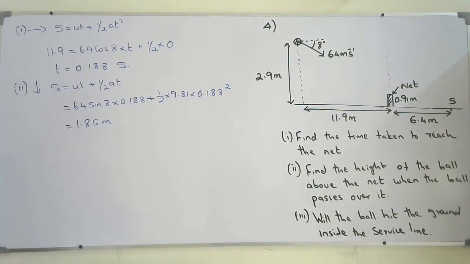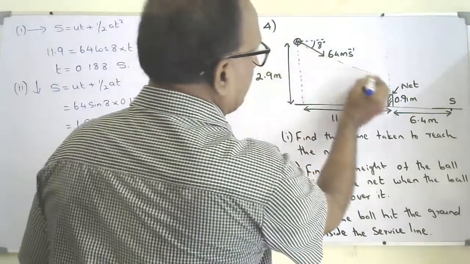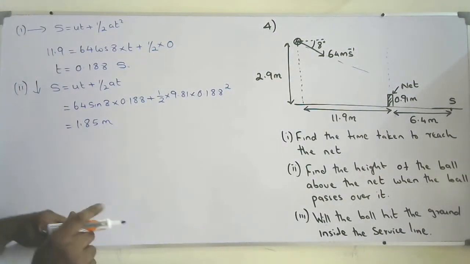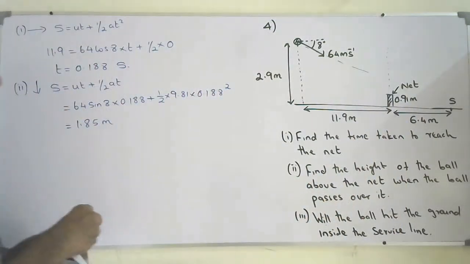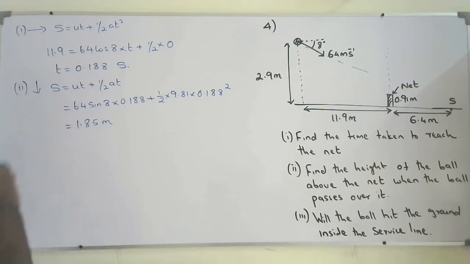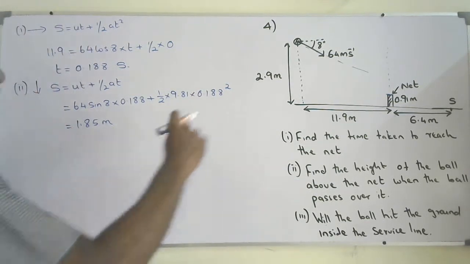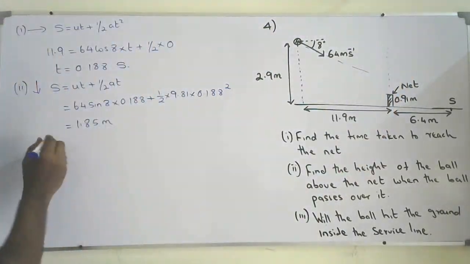Okay, so the question is find the height of the ball above the net. So the ball is moving maybe like this. So the vertical displacement, we know, is 1.85 meters. So we'll find its height above the net. Okay, we need to find the height above the net. So we can find the height of the ball above the ground first. So 2.9 minus 1.85, right?